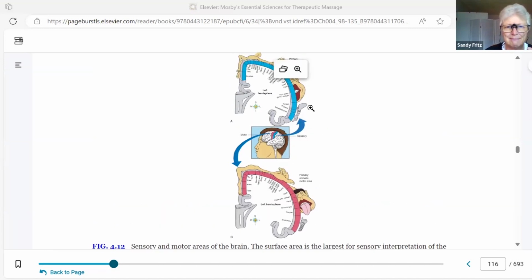Where we might concentrate, where we would do massage, is because there's actually more attention paid to these areas. So one of the things I tell people with massage is pay attention to hands and feet, head, and the face. Don't forget to massage those areas. There's a lot of sensory motor interaction here.